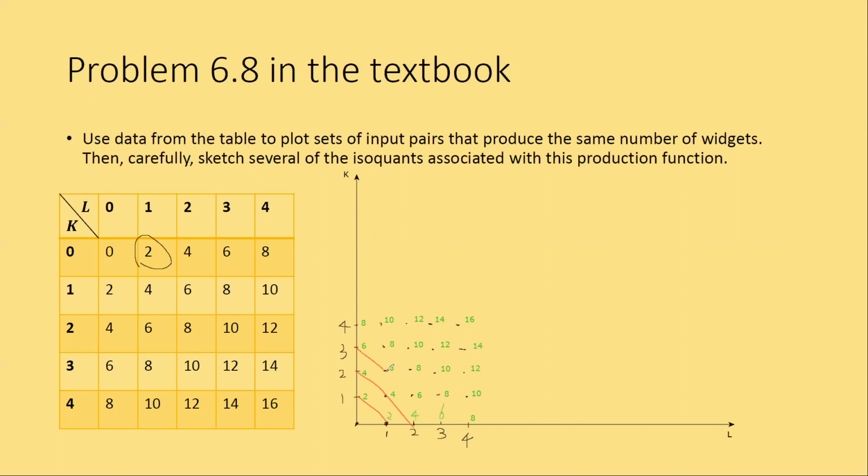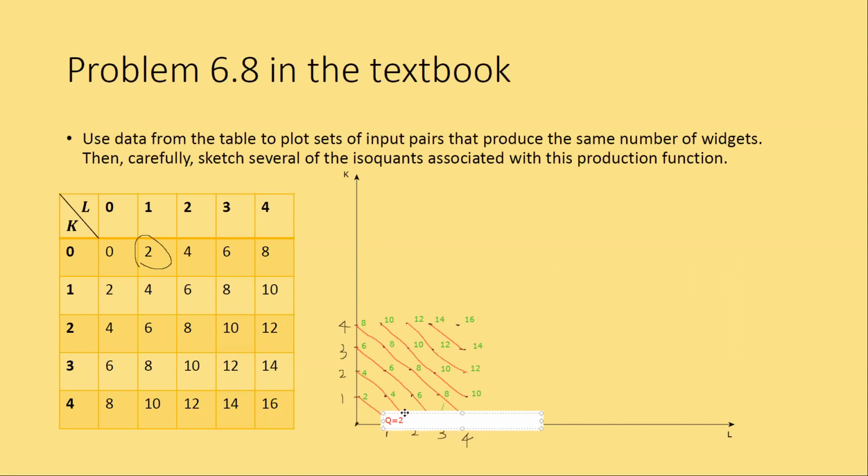Now, if we connect the points that produce 6 units, the points that produce 8 units, the points that produce 10 units, the points that produce 12 units, that produce 14 units, and we have only one point that produces 16 units. My drawing isn't great, but they should actually be straight lines.